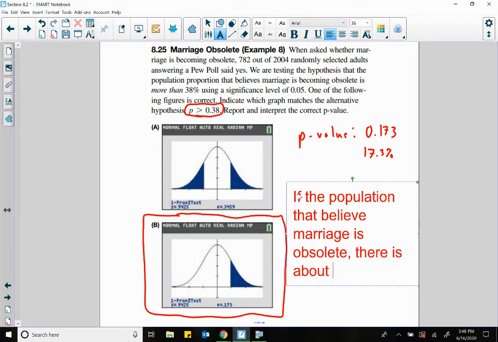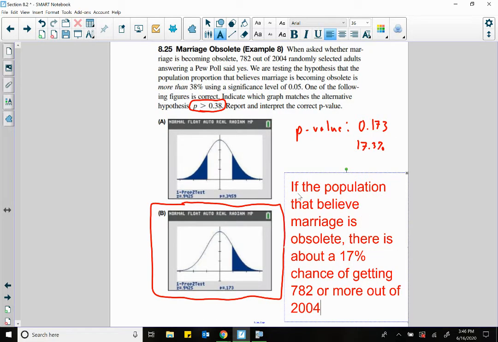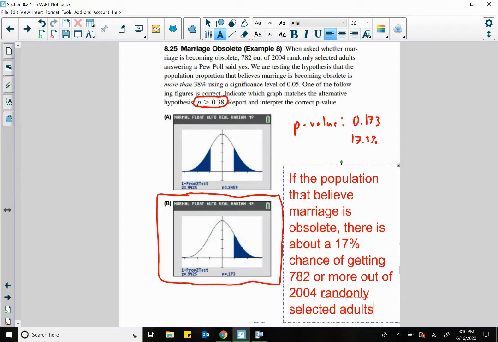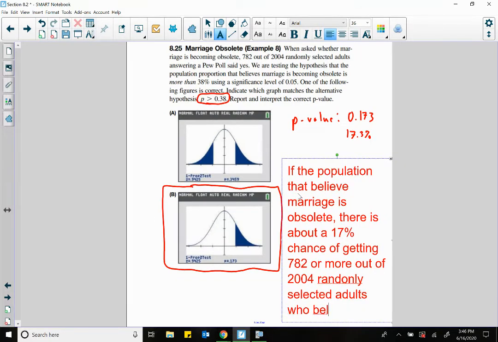There is about a 17% chance of getting 782 or more, see there's that or more, out of 2004 randomly selected adults who believe that.